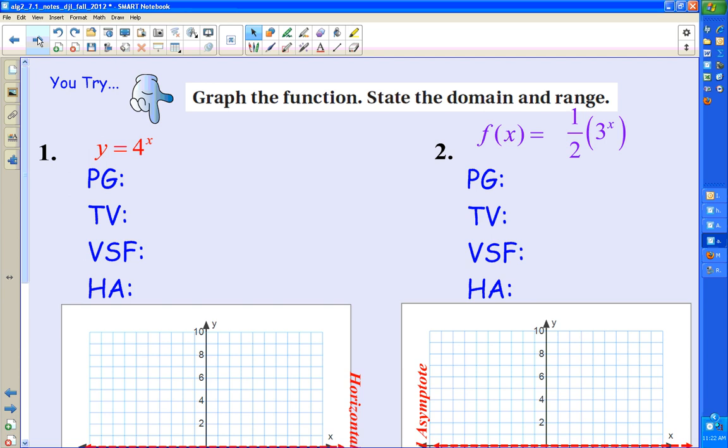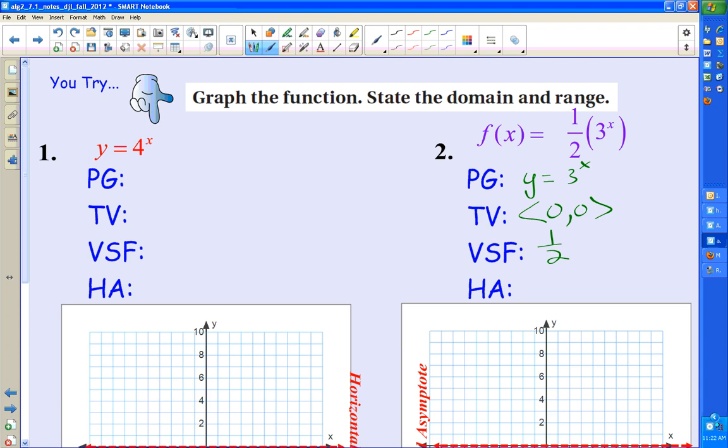So when we look at a graph that's not a parent graph, y equals 4 to the x, that's a parent graph. We don't need to do that. Let's look at the one over here, number 2, where the parent graph is y equals 3 to the power of x. There's no translating. No translating going on here. Irene, what's the vertical stretch factor? Good. That's what I got too.